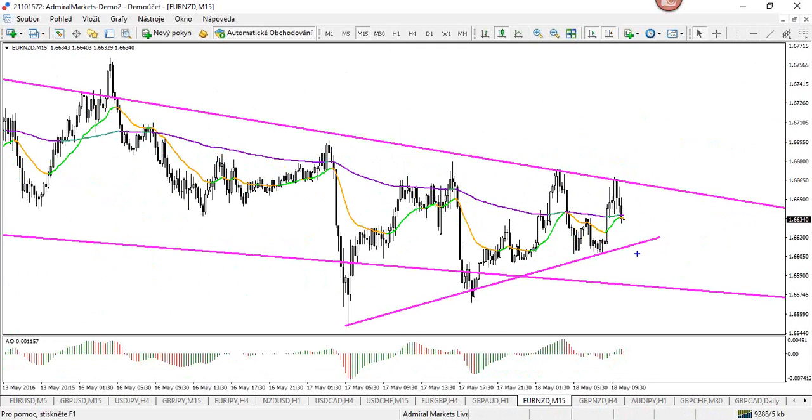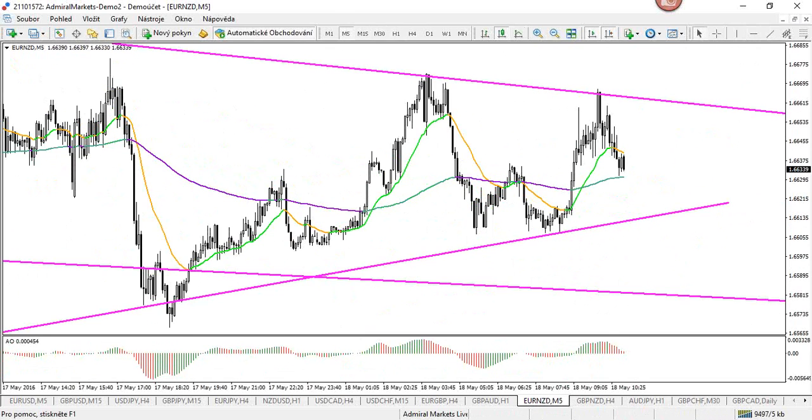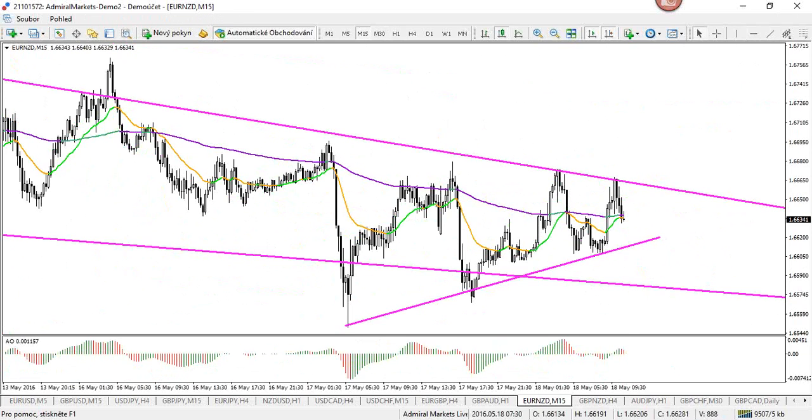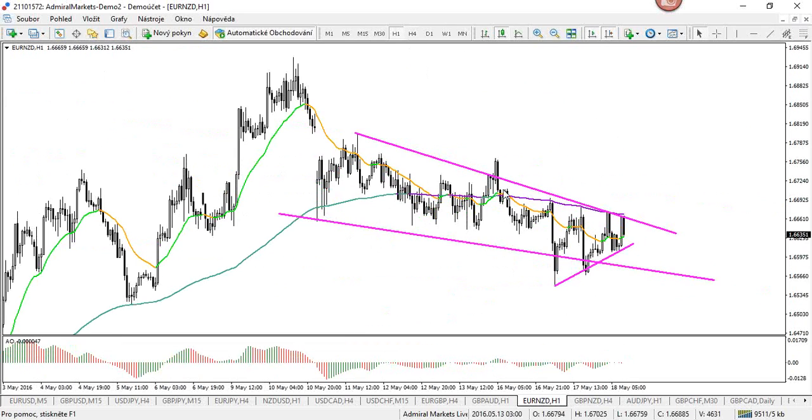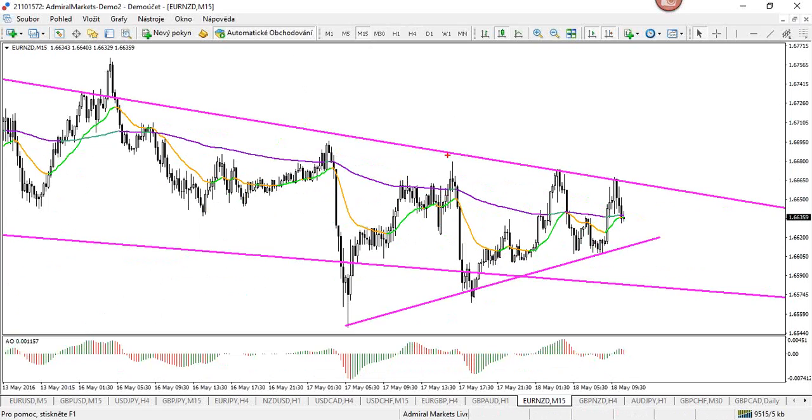The other thing that could happen is a break to the downside. If that break happens on the 50-minute chart, I will zoom into the 5-minute chart, look for the break here and look for a pattern on the 5, and then look for the continuation of the 5. Why? Because on the 50-minute chart, you can see a pattern too, not only on the hourly. So this is an hourly pattern, right? But there's also a 15-minute pattern.